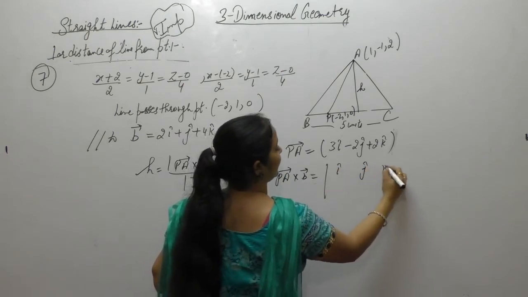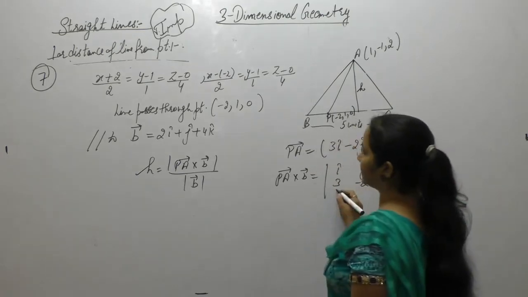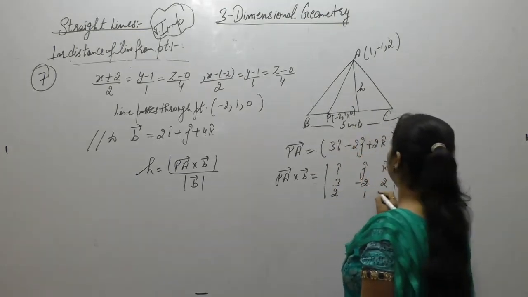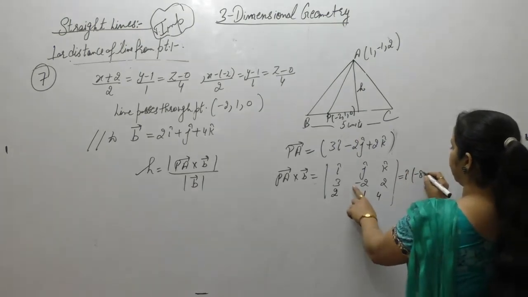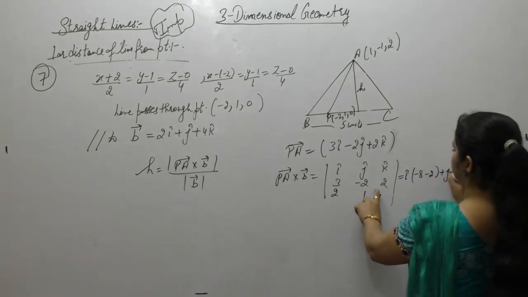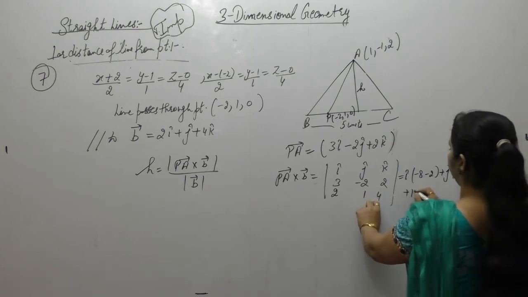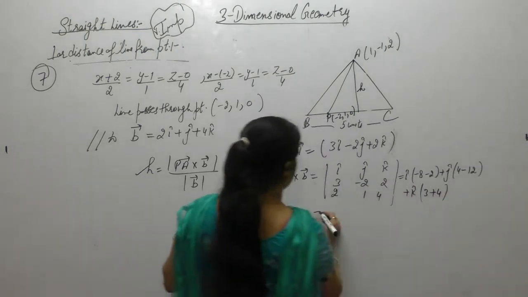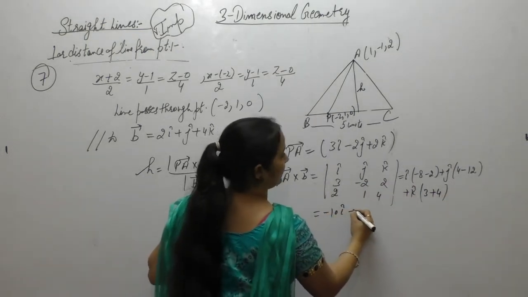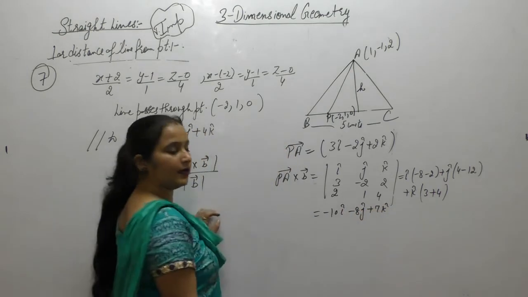I, J and K. 3, minus 2, 2. B vector has value 2, 1, 4. I cap into (minus 8 minus 2) plus j into (2 into 2, 4 minus 12) plus k component is 3 minus minus 4. So minus 10i minus 8j plus 7k.